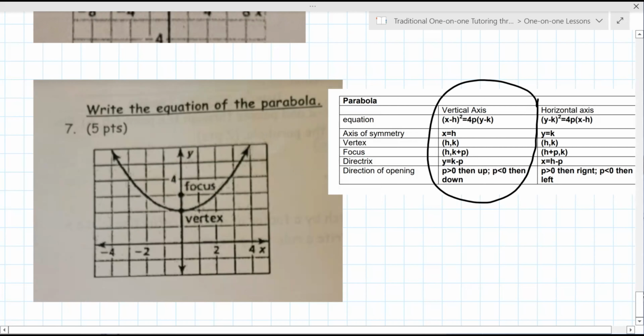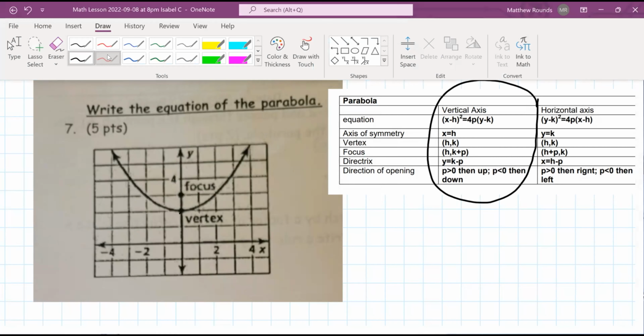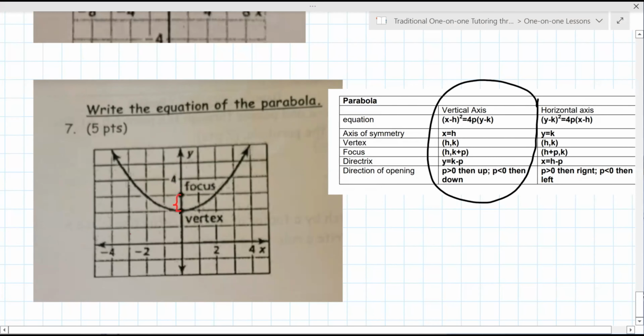So what's nice is the directrix is equidistant from the vertex as the focus. If you can imagine the focus is 1 unit away, the directrix is 1 unit away like this. So this is the equation of the directrix, y equals 1.